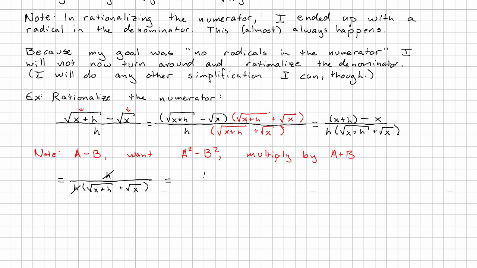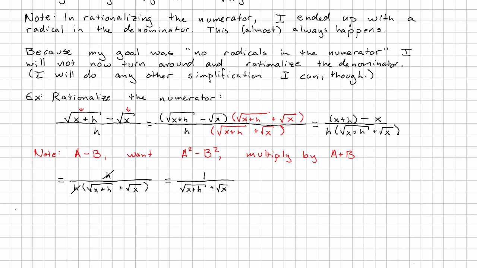So what I'm actually left with is just 1 over root x plus h plus root x. Again, I ended up with radicals in my denominator. That was my goal. If I were to now turn around and rationalize my denominator, I would actually get back to exactly the expression I started with.